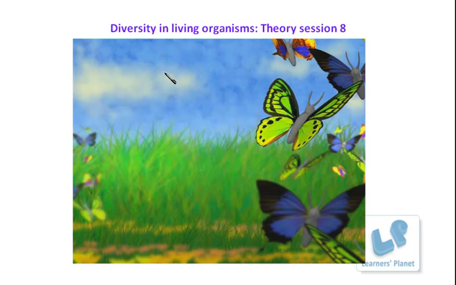In the earlier sessions, I have already discussed the basic characteristic features of the kingdom Monera and the Protista. Now in today's session, I'm going to explain the basic characteristic features of the next kingdom, that is fungi. So now let us continue.